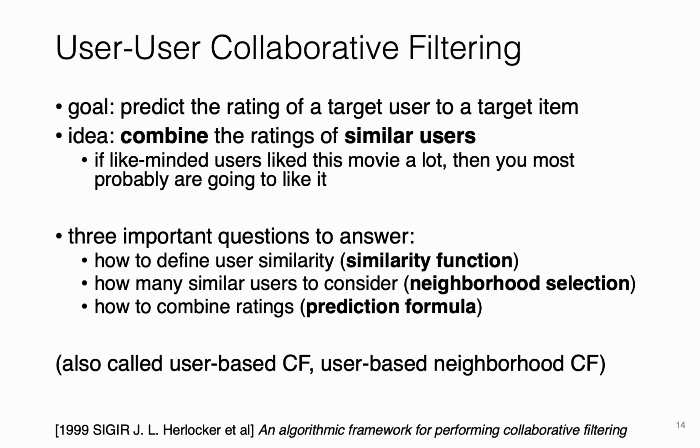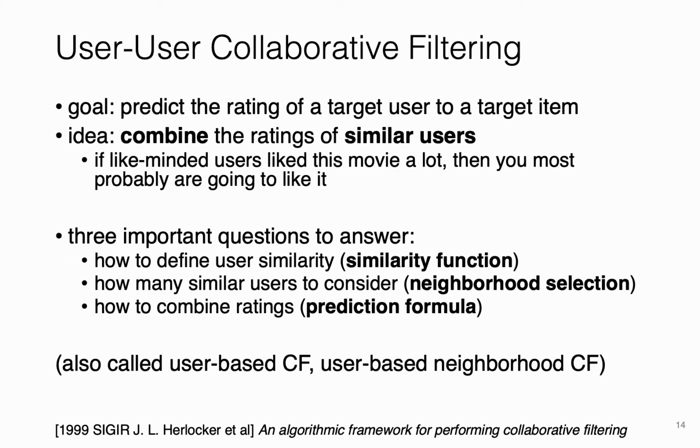In user-to-user collaborative filtering, there are 3 questions to answer. First, what do we mean by user similarity? How does the system capture it? We will introduce a similarity function for that purpose. Second, which users should the system consider to be similar to the target user?